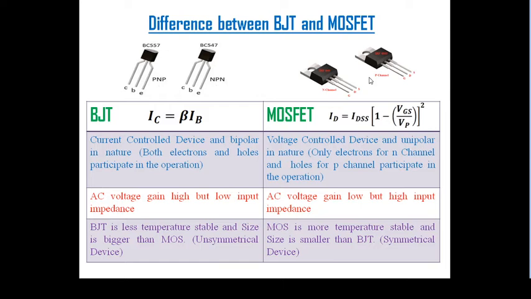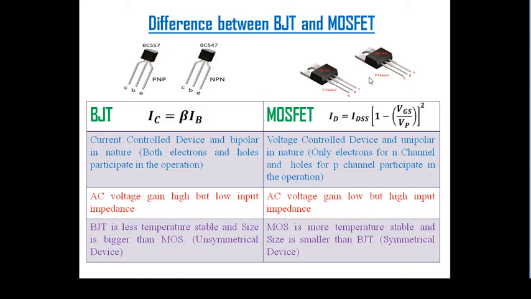MOS is temperature stable, its size is much smaller than BJT, and it is a symmetrical device. In general, if we want to swap drain and source, we can easily do so: the source terminal can be treated as drain and the drain terminal as source. This flexibility is available in MOSFET, which is why it is symmetrical. I will tell you later how it is a symmetrical device.